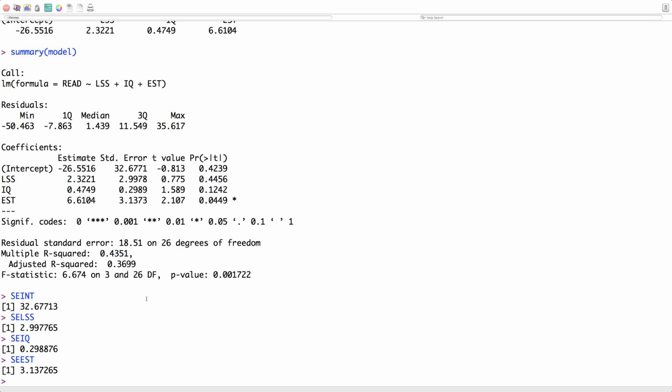Something else I want to show you is a common mistake for a lot of people. They think the bigger this estimate is, the better chance it has of being statistically significant. In this situation, our largest estimate was the one that was statistically significant. However, if you look at the estimate of 0.4749, you have to take into consideration that the t-value and the p-value are based on the standard error.